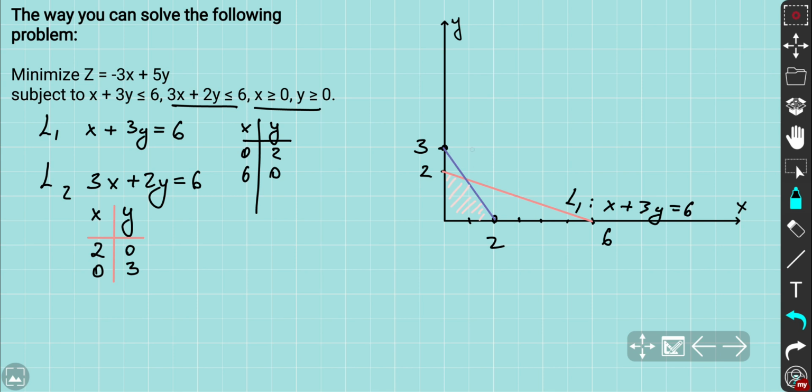Also, you can do the same for line 2 with the equation 3x plus 2y equals 6. If you transfer 3x there, you get 2y less than or equal to 6 minus 3x.